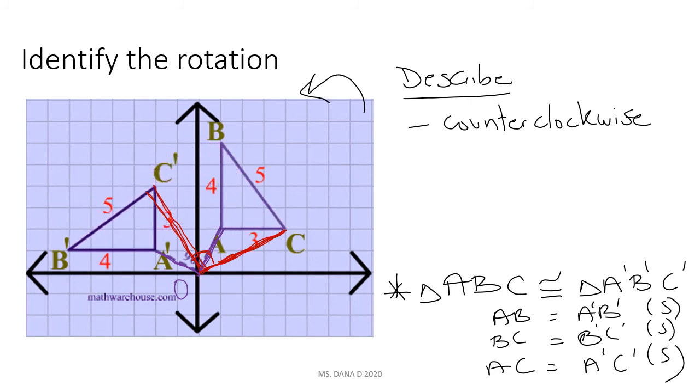Okay, and it will be 90 degrees. I have to mention my center of rotation, around the origin. So this is how I describe my rotation. Now, if you have noticed here, what happened to the position of the triangle? Is it the same position or a different position? What happened to the orientation of my pre-image ABC?